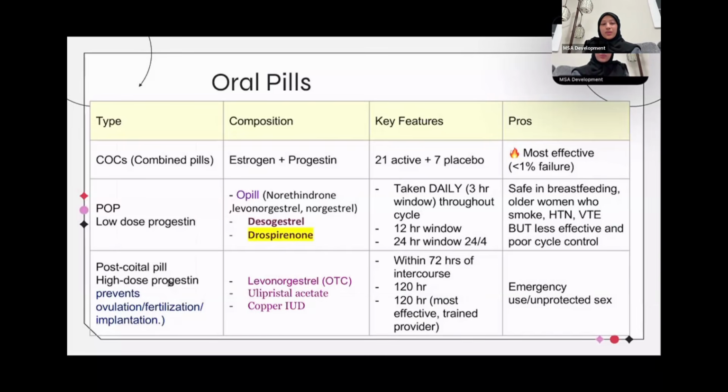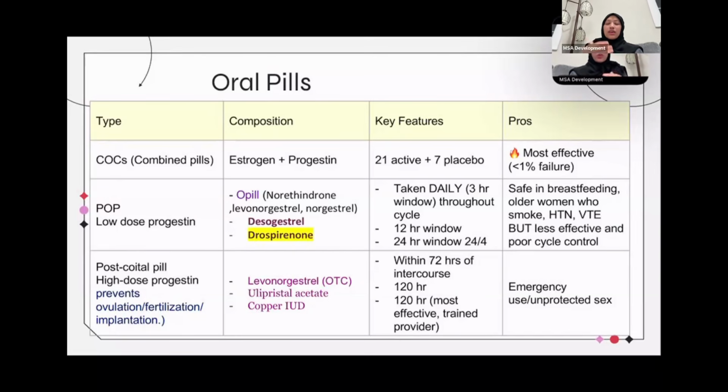Now, what if the dose is high dose progestin? In this situation, you don't want to give too much, but you can give one single dose of high dose in cases of emergency contraception.